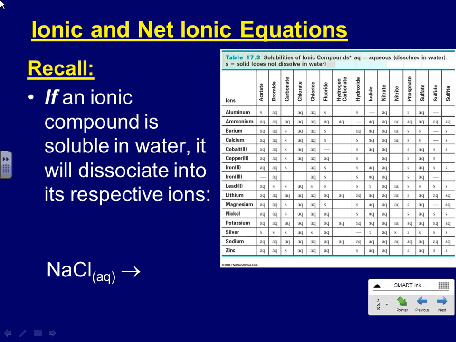I'm not going to sing the song again, but sodium is one of those guys that are always aqueous. So if we see that it's aqueous, we now know that it will dissociate, and so we now can take it to the next step. If this is aqueous, we can say this is going to become Na+, aqueous, and Cl-, aqueous.